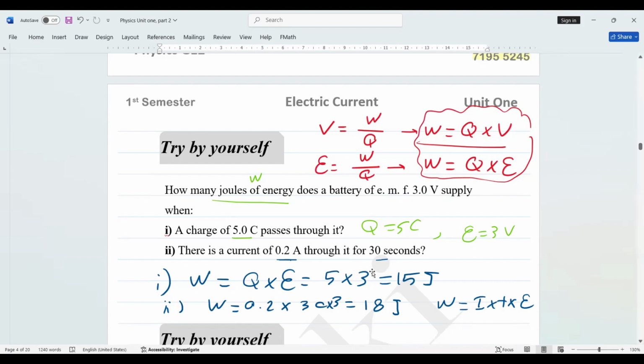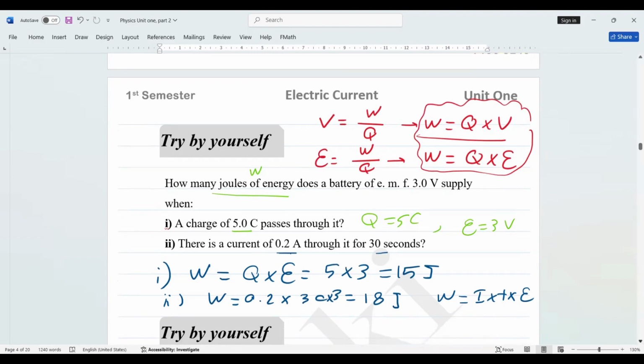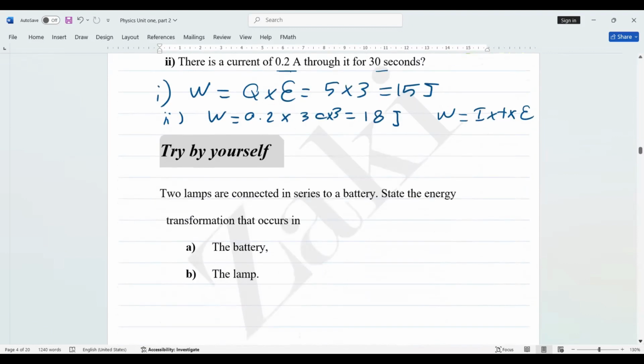Okay? Now, two lamps are connected in series to a battery. State the energy transformation that occurs in the battery. In the battery, the energy is converted from chemical to electrical.